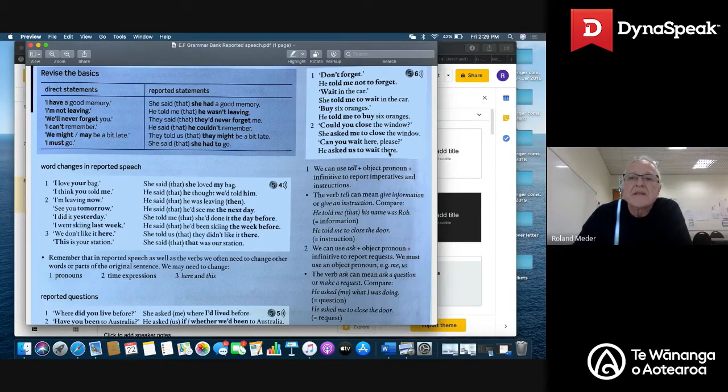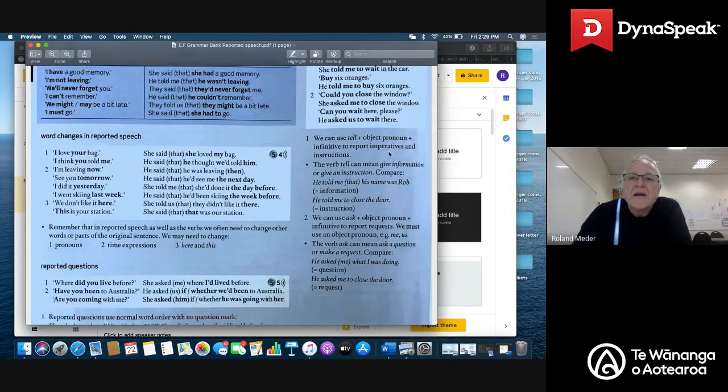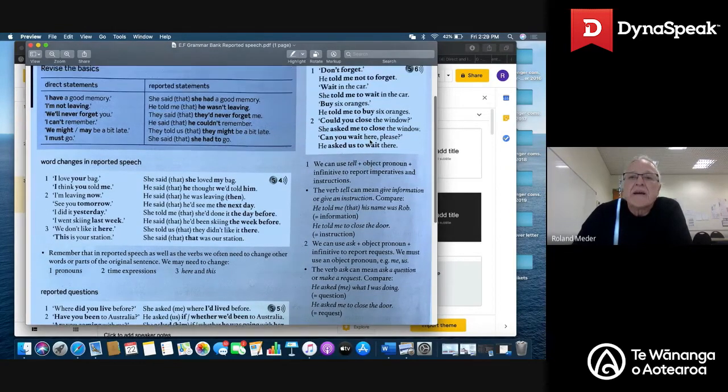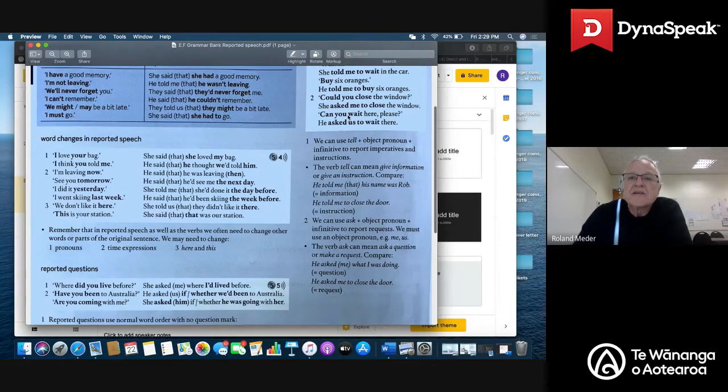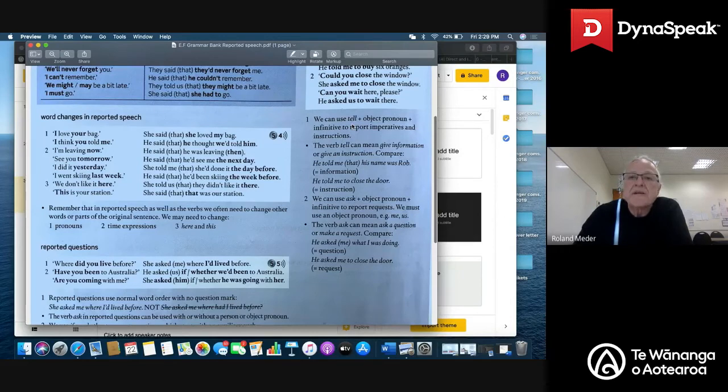Either here becomes there. Now here, they also explain the difference between tell, and we use tell plus an object pronoun, okay? Here, he told me. That's the object pronoun. That's the subject, here's the verb, here's the object pronoun, okay? So we use tell plus object pronoun plus infinitive to report imperatives and instructions.